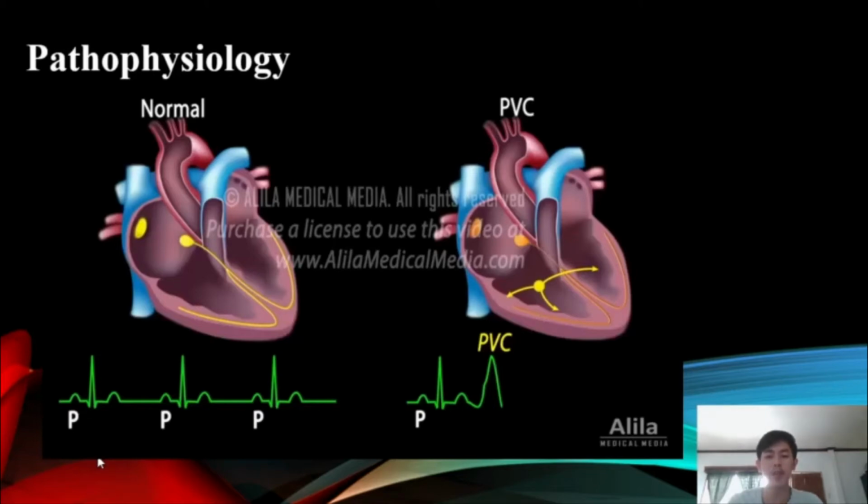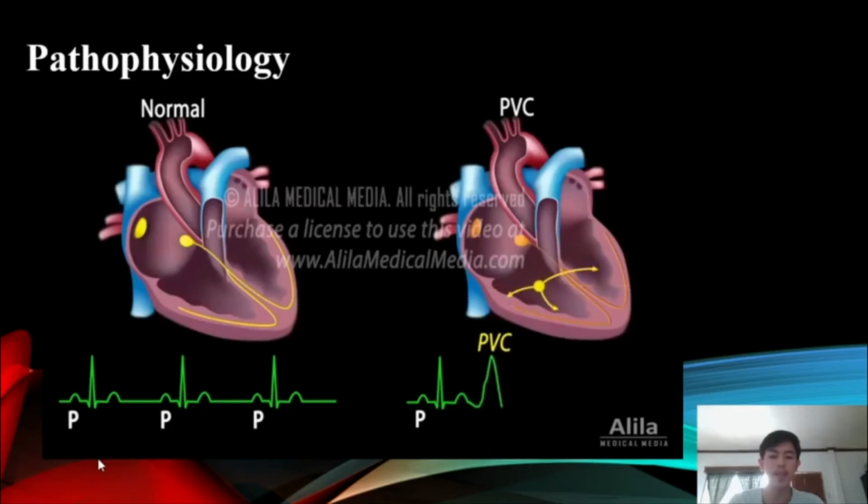Unlike the normal conduction carried out by specialized cells of the conduction pathway, the signal in PVC is conducted through the myocytes of the heart muscle and propagates more slowly, producing a broader QRS complex. Depending on the location of the ectopic site, the resulting QRS complex may also be taller or deeper than usual.